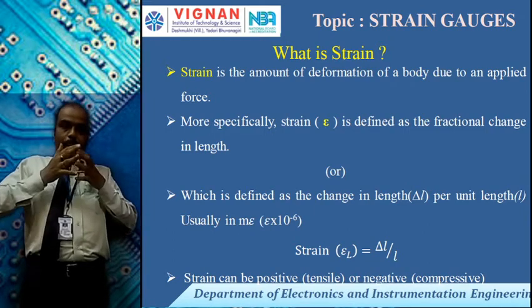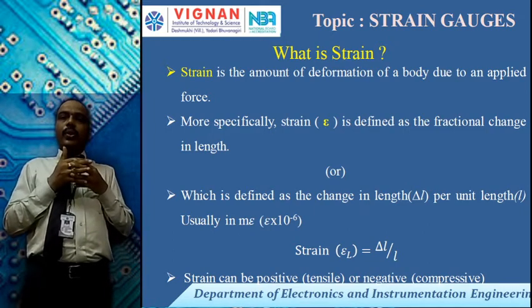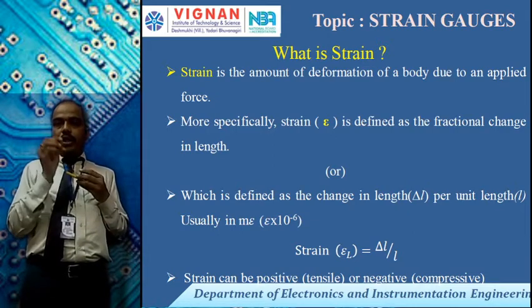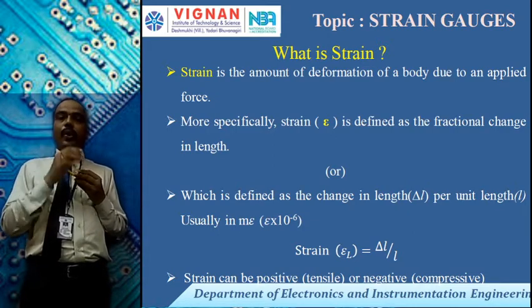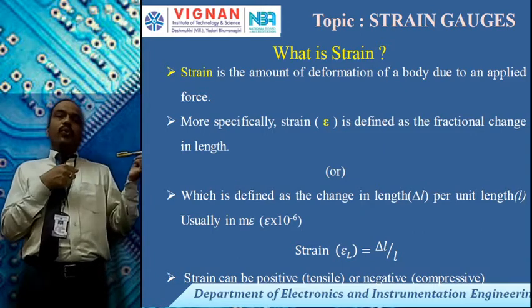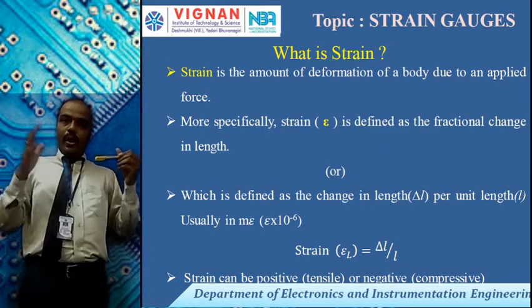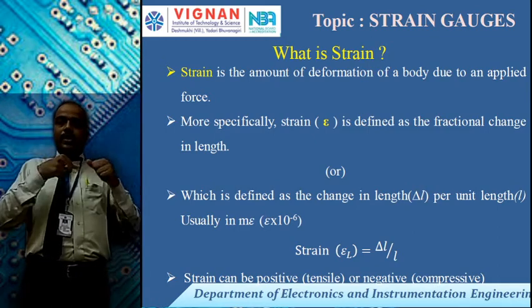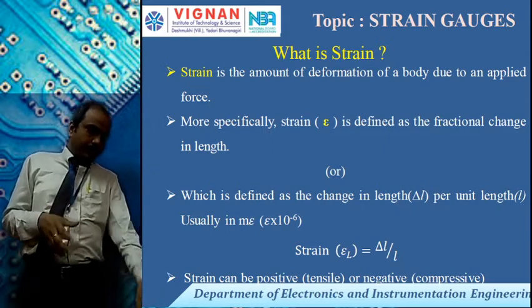Or if you apply a compressional force, the length changes from 10 centimeters to 9.9, so 0.1 is changed, but that is negative. That means for tensile force, strain is positive, and for compressional force, strain is negative. Tensile force is also nothing but elongation force.